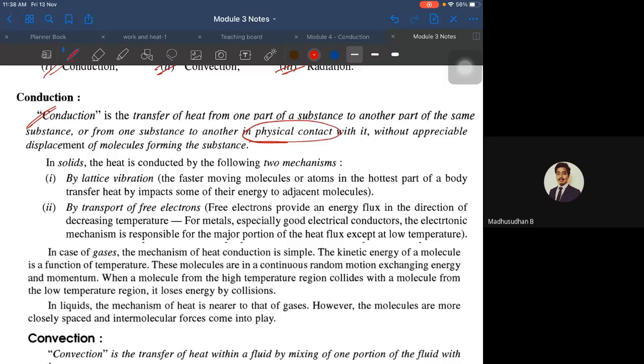So if there is a displacement of the molecules, then it will turn into the convection mode of heat transfer.